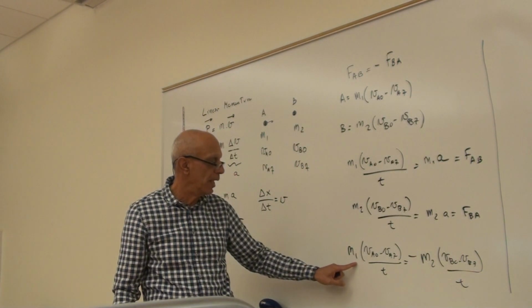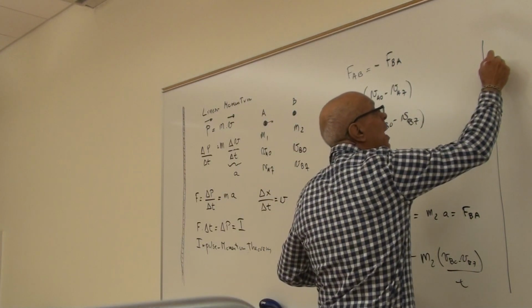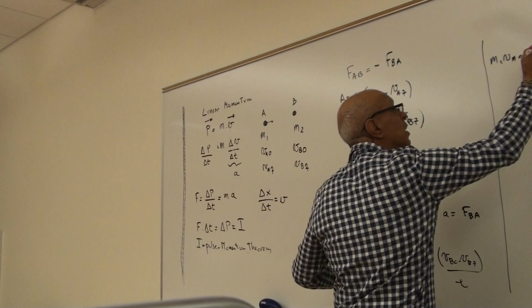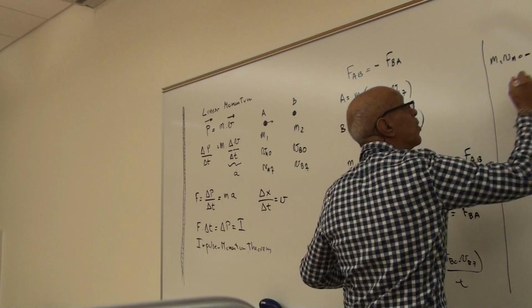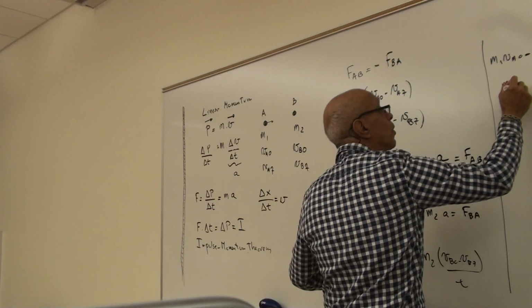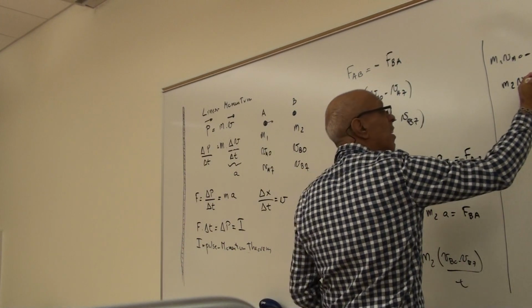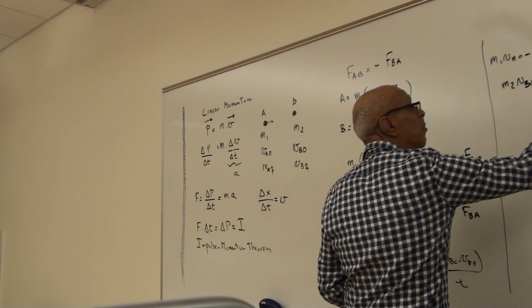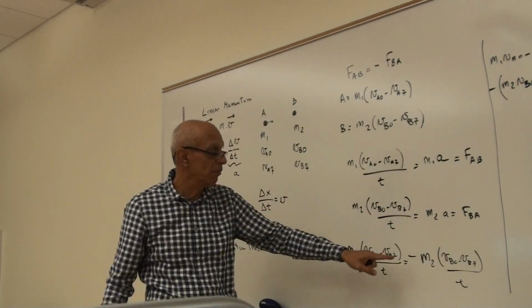I'm going to have here M1 times VA0, minus M1 times VAF, equals M2 VB0 minus M2 VBF, and you have this negative here in front of that, right?